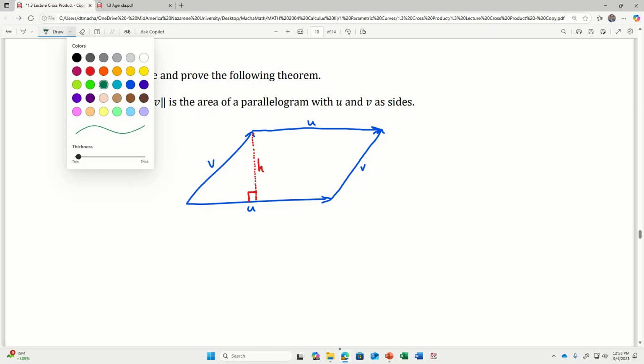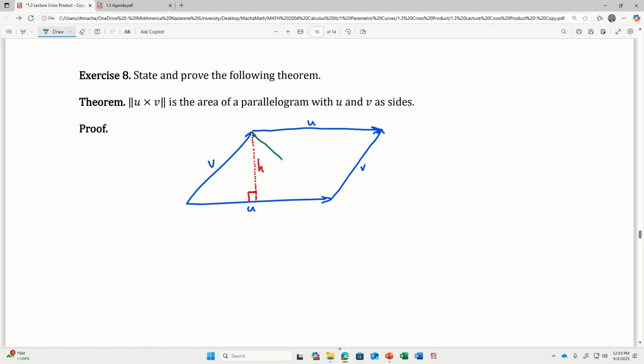And I'm also going to draw a diagonal. I don't know why I said parallel. Parallelogram, I guess. And so that diagonal splits this up into two triangles, right?